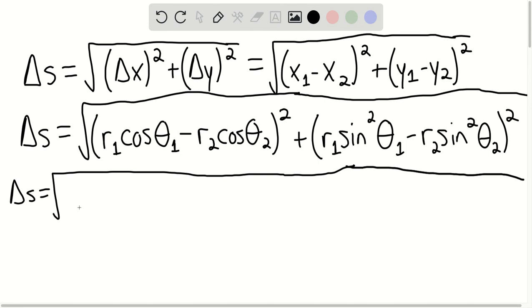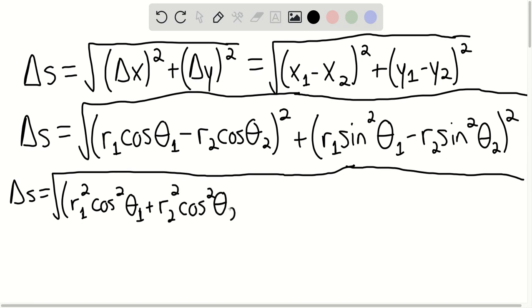So this is going to be r sub 1 squared cosine squared of theta sub 1 plus r sub 2 squared cosine squared of theta sub 2 minus 2 times r sub 1, r sub 2, cosine theta sub 1 times cosine theta sub 2, plus, and I'll go to the next line.